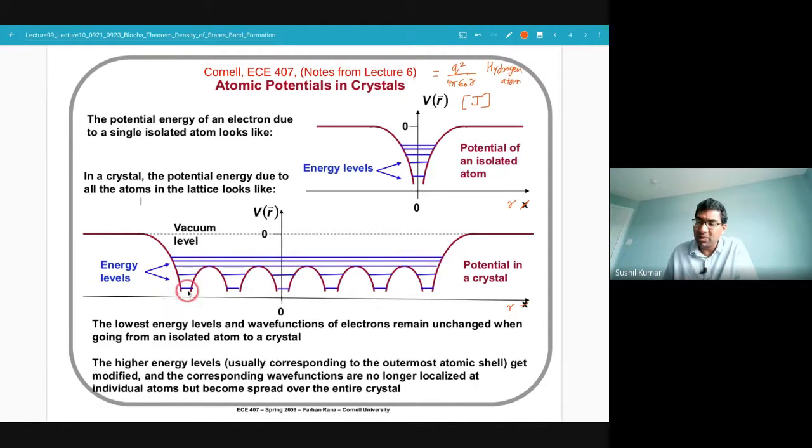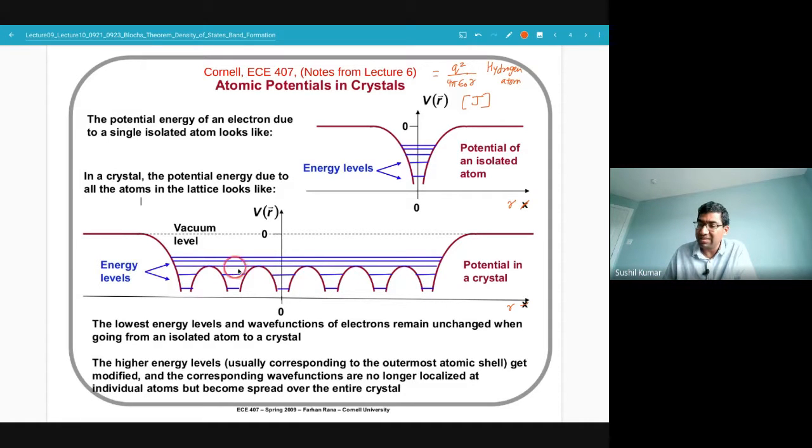For example, this blue line and this blue line: energy is just a value, right? This is a straight line going through the whole thing, so this is one energy. By drawing it like this, what it means is all of them have the same energy, but there are multiple wave function solutions. One is localized here, one is localized here, one is localized there, after you solve it.